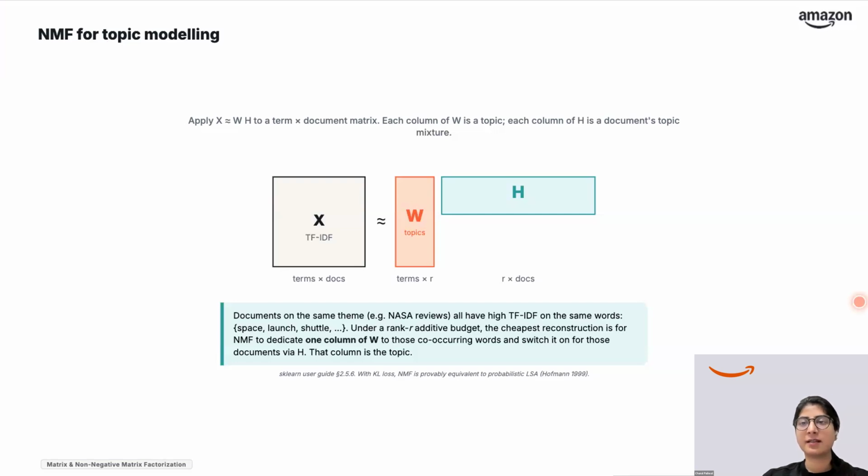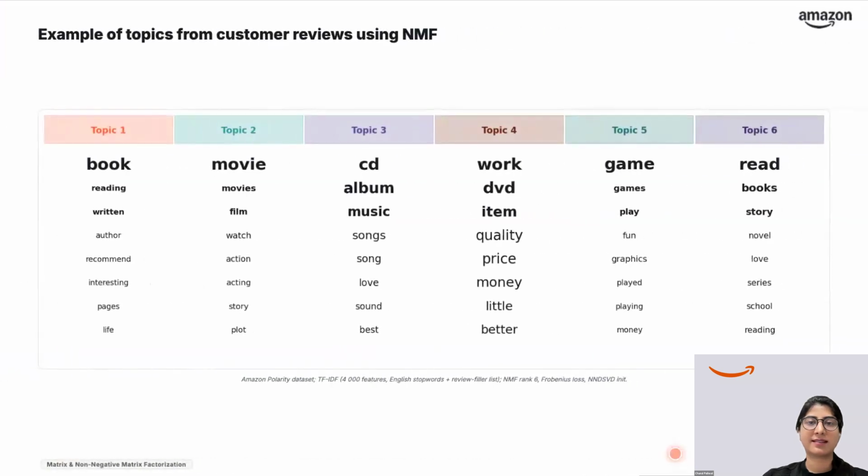So there it intuitively makes sense to have this non-negative matrix factorization, right? We can see that with an example here. The first topic can be this one where the majority of the information is in books, and the rest can be reading, written, and authored, and all these are additive terms for this topic.